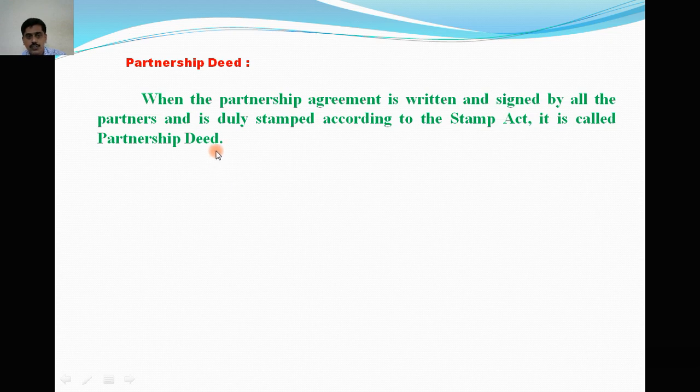See what it contains then. Contents of partnership deed. The contents of partnership deed differ from business to business, and the understanding among the partners will decide the contents of partnership. But generally, a partnership deed contains the following items.